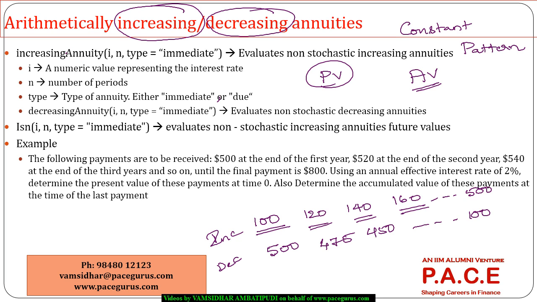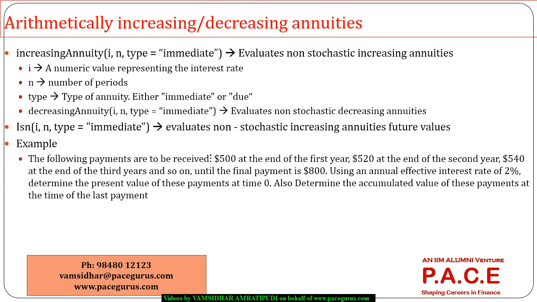Now we have the formula for the increasing annuity. We also have a formula called decreasing annuity. The way we handle them is we try to segregate the parts. Let's take the numerical first, that would ease our understanding.